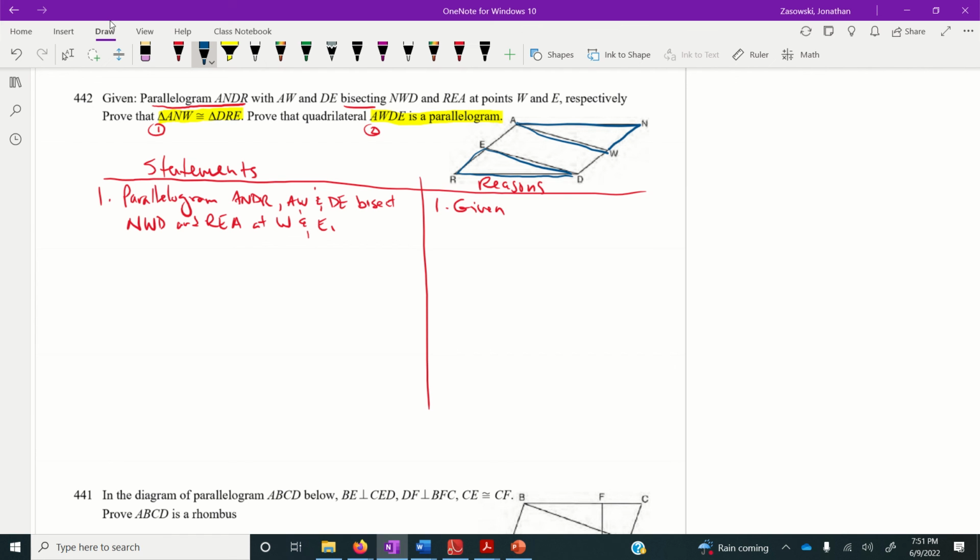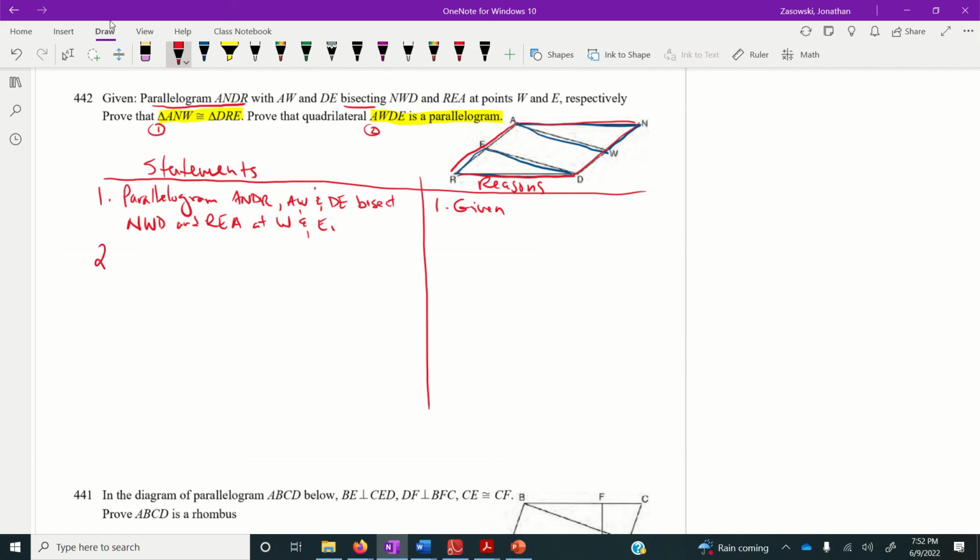All right. So remember, we already know that the really big shape all the way around the outside is a parallelogram. That's given. So that means we can say stuff about the big shape that lets us get the triangles equal. So think about it. What sides in the really big shape all the way around the outside are also sides in the triangles? The first you might see is this side RD and this side AN.